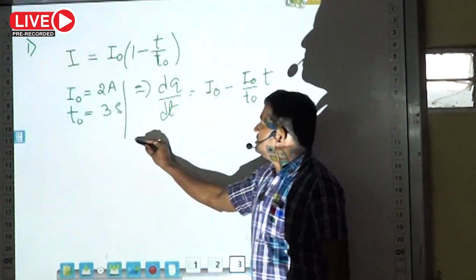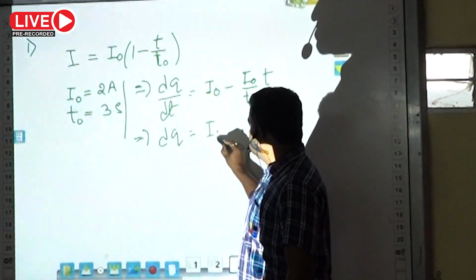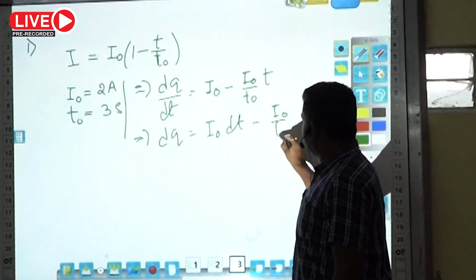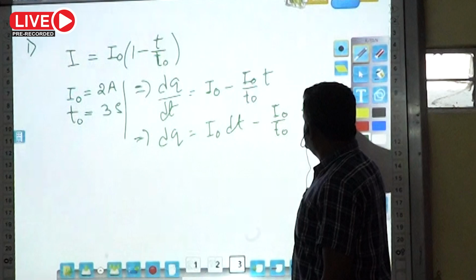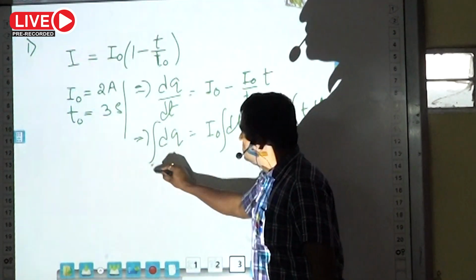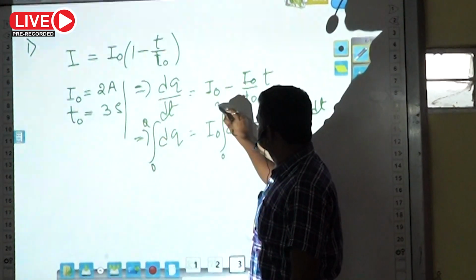Then write dq equal to I naught dt minus I naught by T naught t dt and integrate, from 0 to q and from 0 to 3.